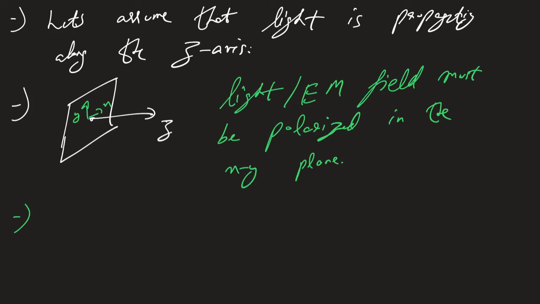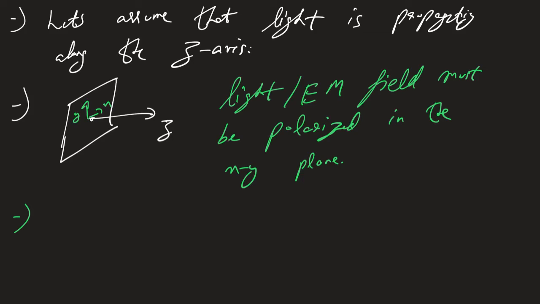Like I've said before, there's nothing special about the z direction. It's just convenient to pick an axis. For the rest of this lecture, no matter where light is propagating, if it's a plane wave, you can always call that direction z. So whenever that is, your electric field vector is polarized in the xy plane.